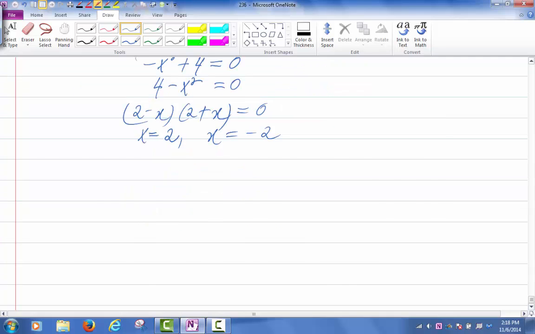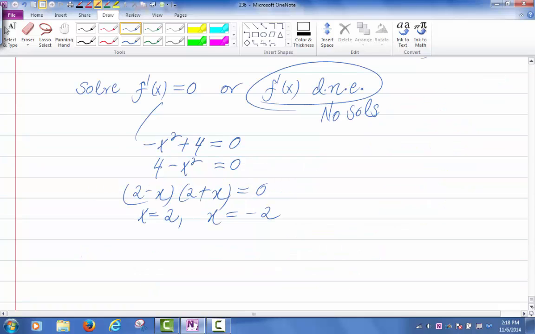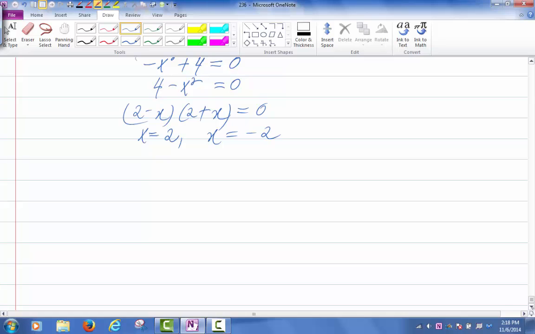I forgot to say, by using the first derivative test, if you don't mind, I want to add something here: by using the first derivative test. And so how do I apply the first derivative test?